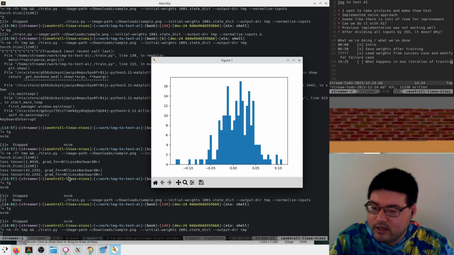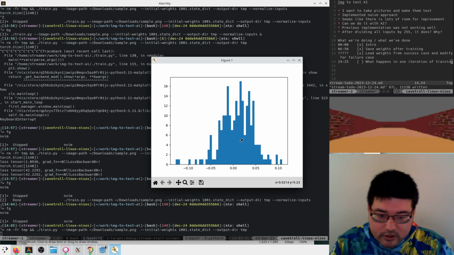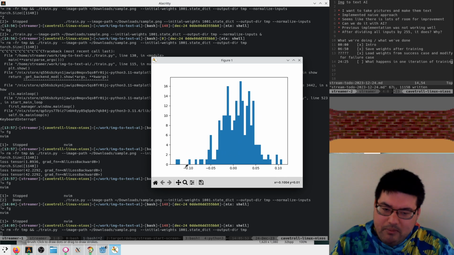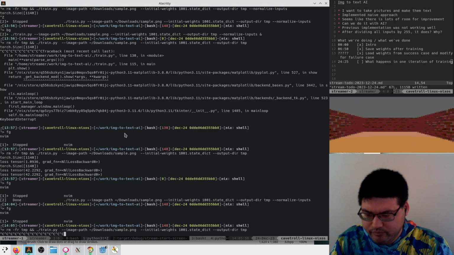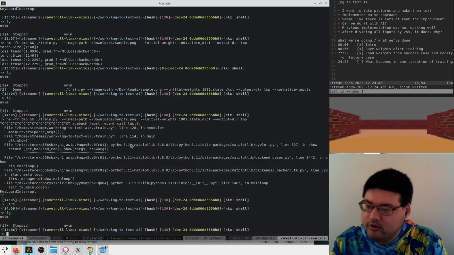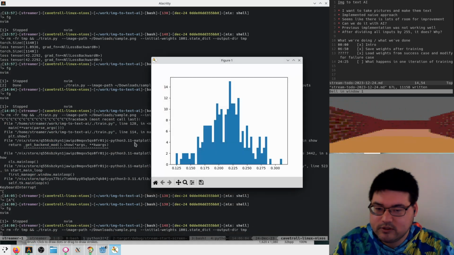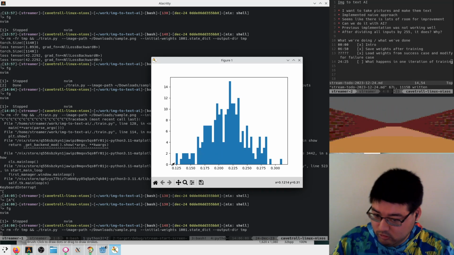So the gradients for the first character, the one for the darkest character, are mostly in the range -0.05 to 0.05. What about for the brightest character? I think that was the brightest character. The gradients for the brightest character are much bigger.